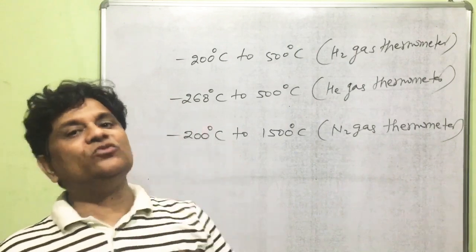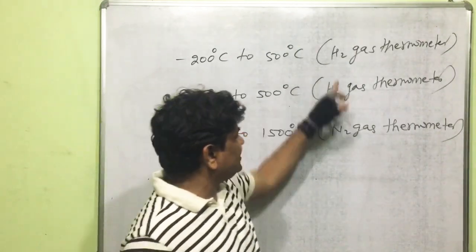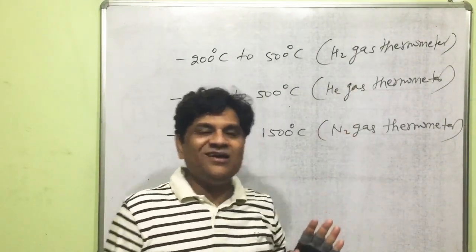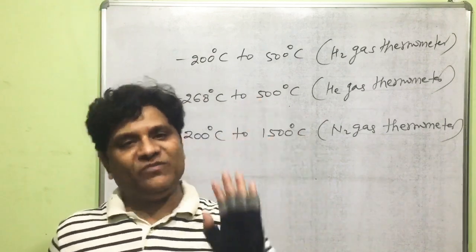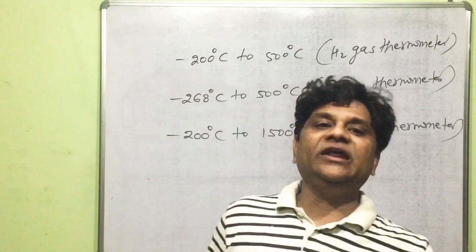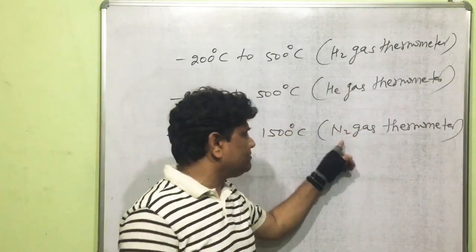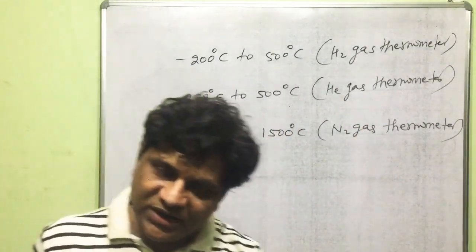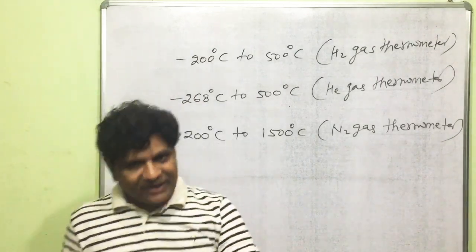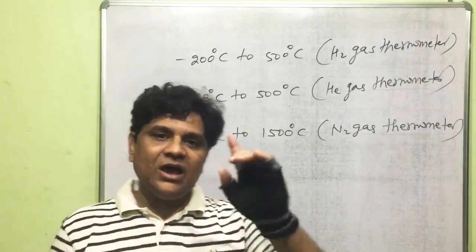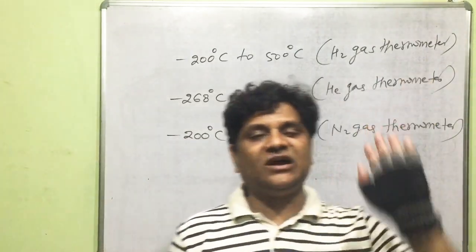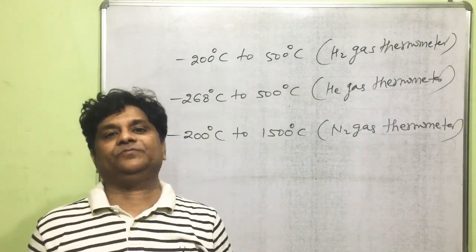If both start to liquefy, it will no longer be a gas thermometer, converting into a liquid thermometer. So hydrogen and nitrogen cannot measure the temperature below minus 200 degrees Celsius, because below that, both start to liquefy.